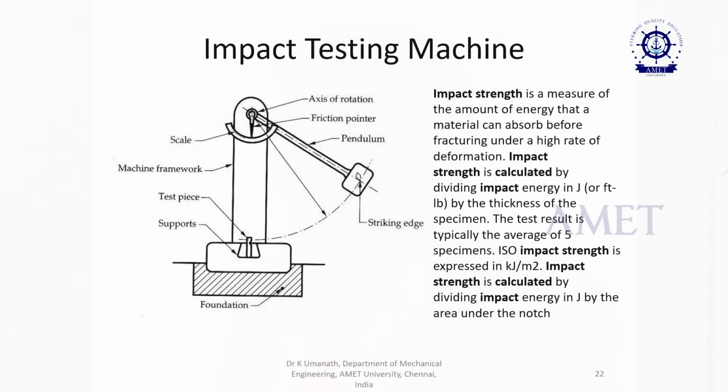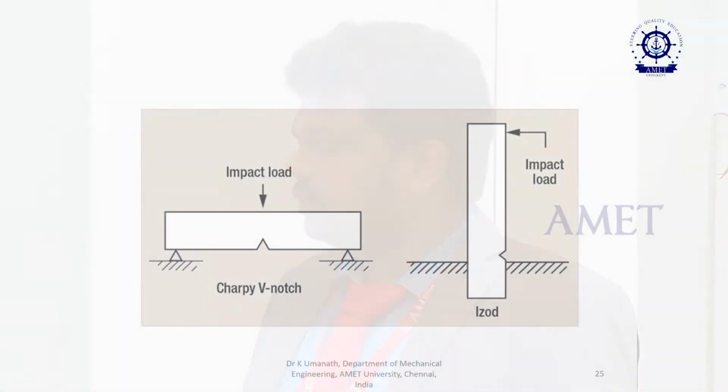The test piece is kept at the bottom of this machine, then you apply the load at 90 degrees or 135 degrees to the specimen, and you measure how much energy is absorbed before fracture with the help of the scale. These scales show the impact energy, in joules, applied to this metal.